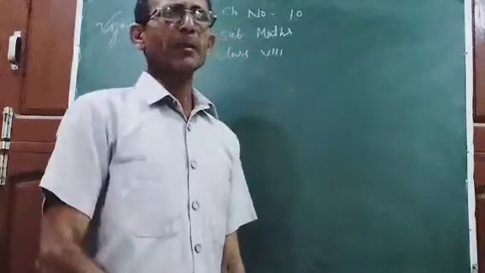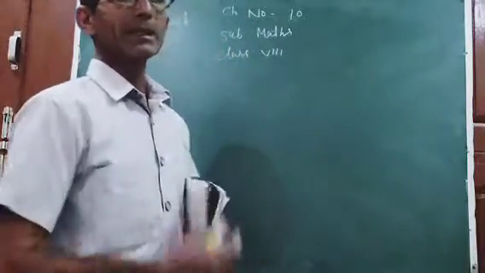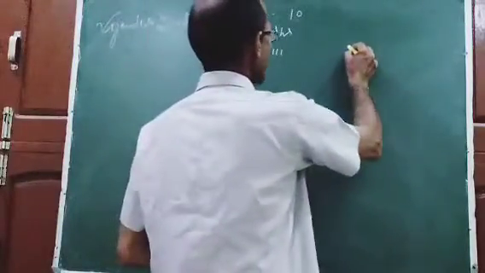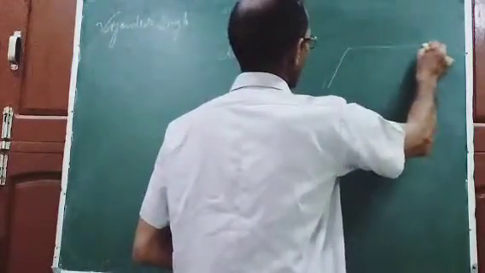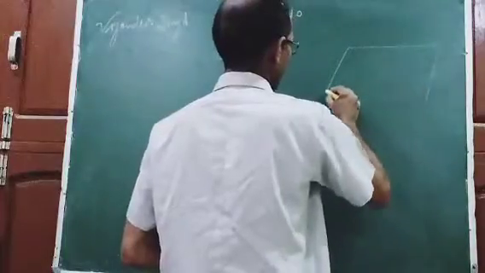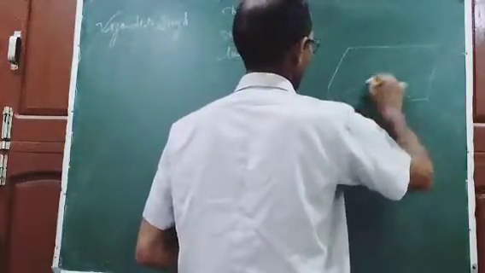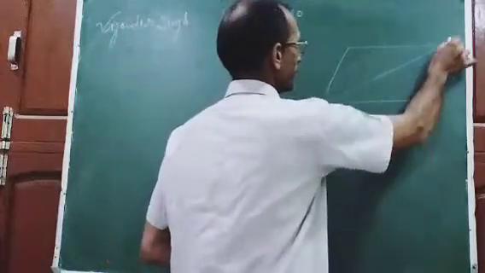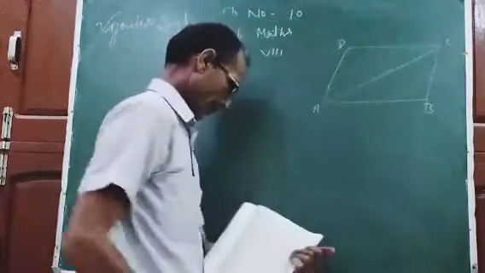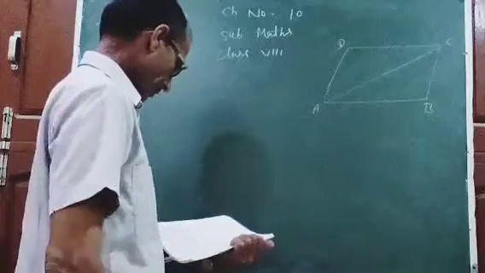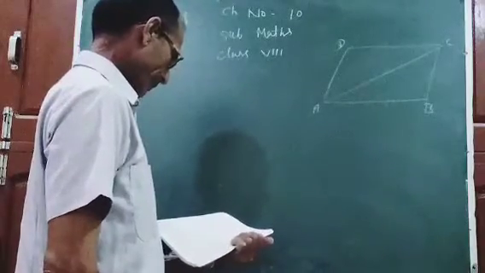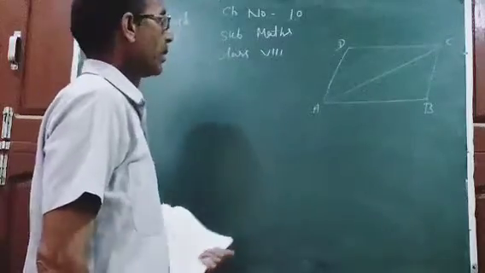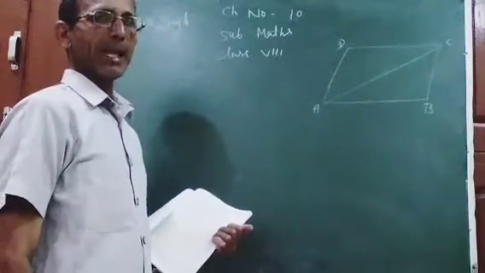Now another type of quadrilateral. If the diagonal of a quadrilateral is given, suppose this is the diagonal. ABCD is a quadrilateral. I am solving question number 9. We have to find the length of the diagonal.